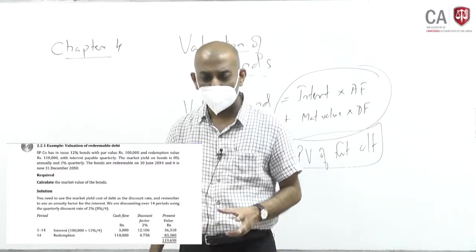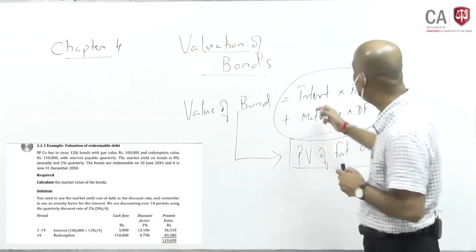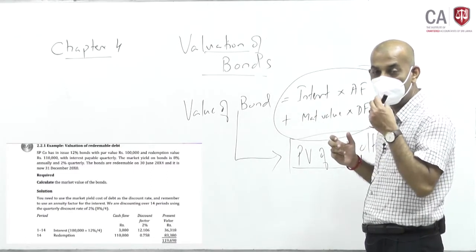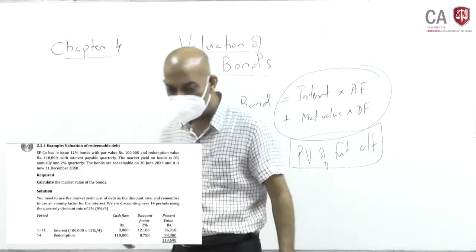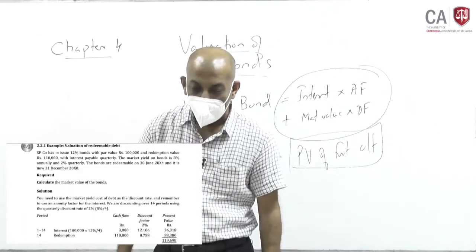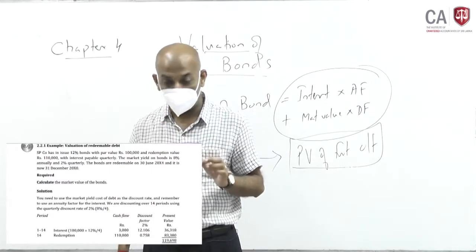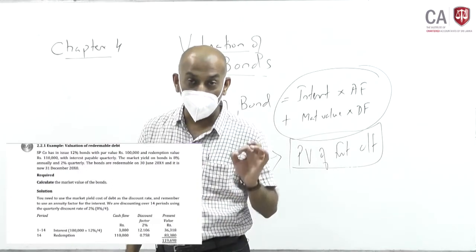So calculating the present value, as I mentioned, you get your interest or the coupon quarterly, not annually, quarterly. That is multiplied by your annuity factor. That is what they have given you in the study pack. You can see 100,000 is your debenture value or the face value, on which 12% is your coupon rate.